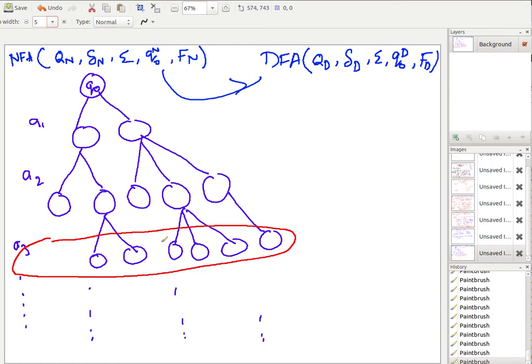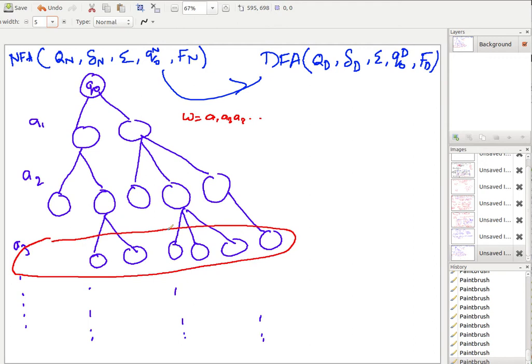So we want to record, for a given string W, A1, A2, A3 and likewise, whenever you process it on the NFA, which all states you are in on the NFA.